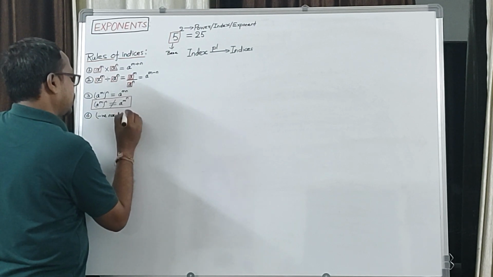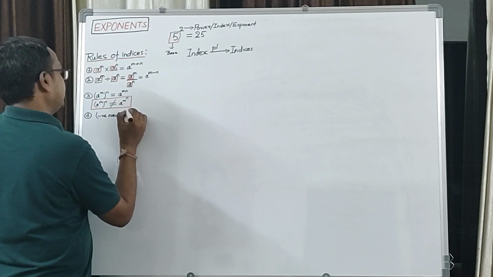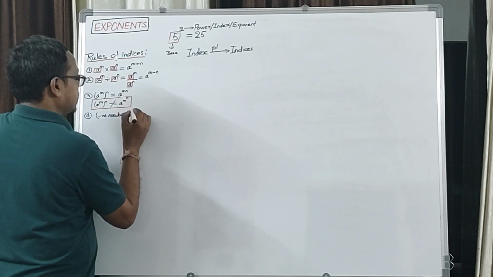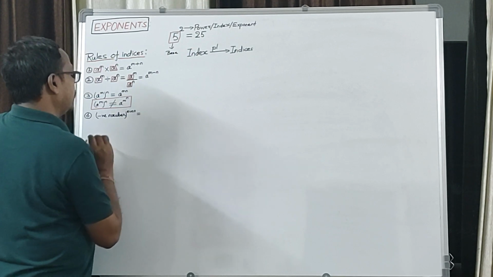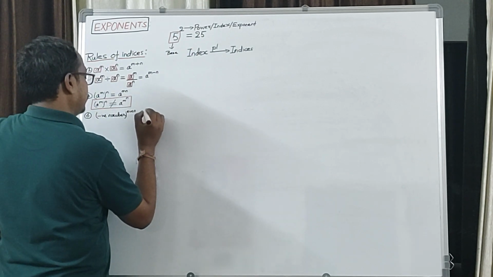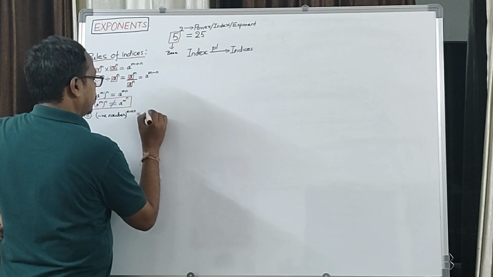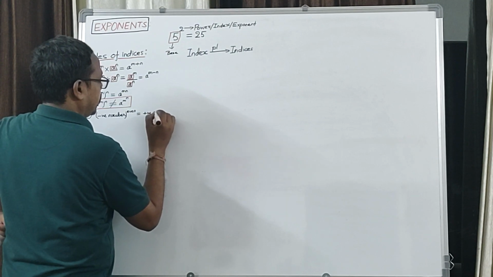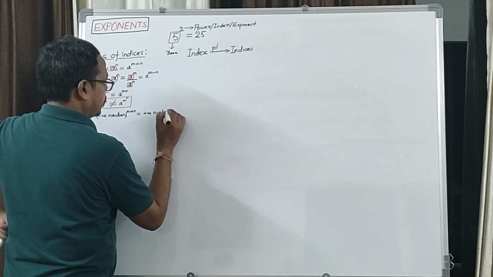And in the form of index, in the form of power, it has an even number. So what will it be? It will be a positive number. I will give an example shortly.